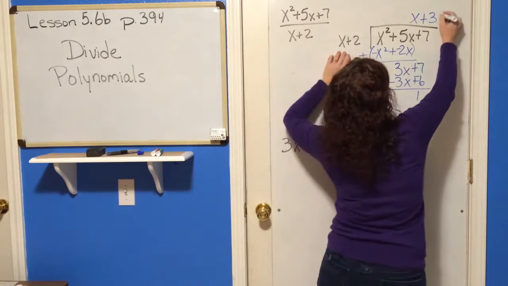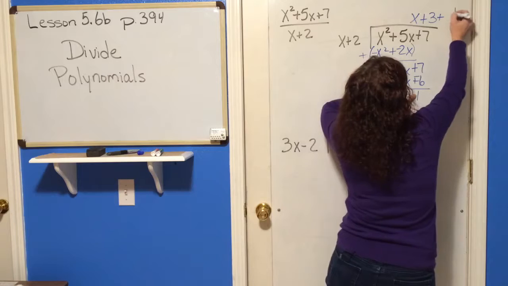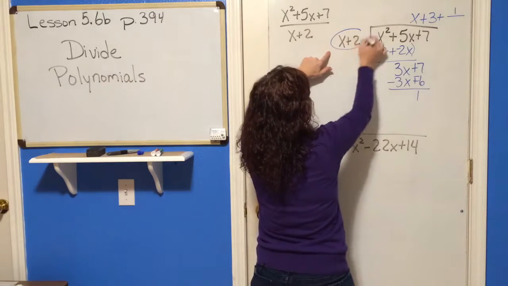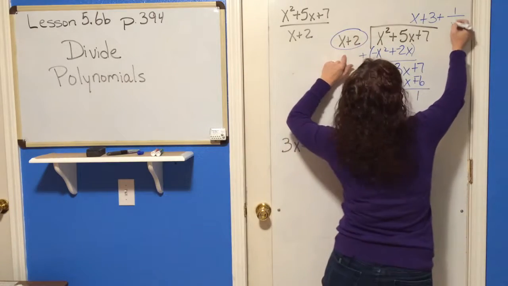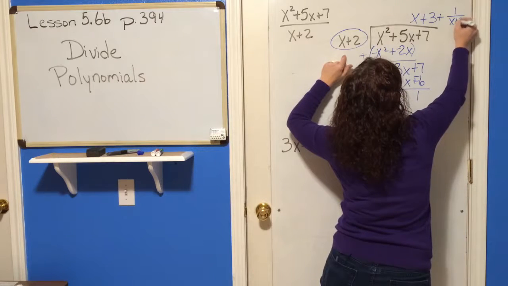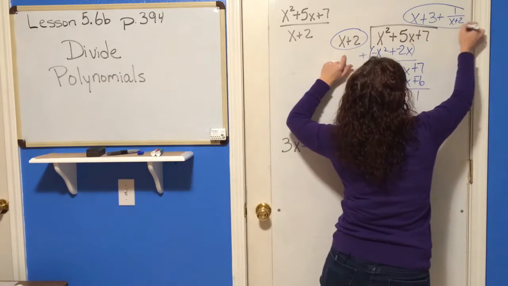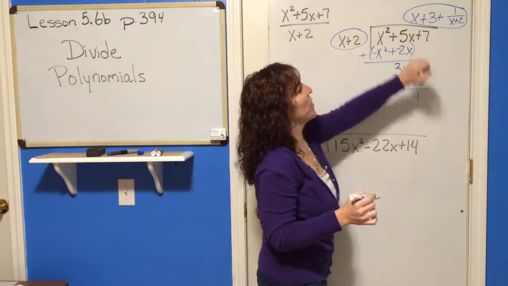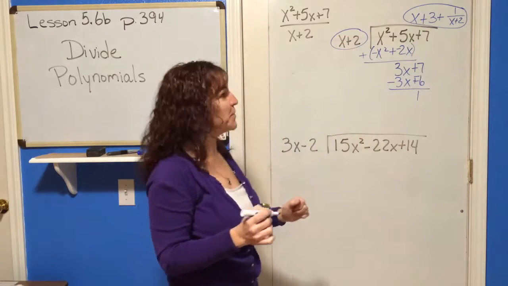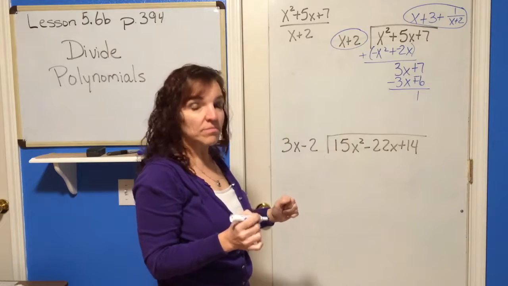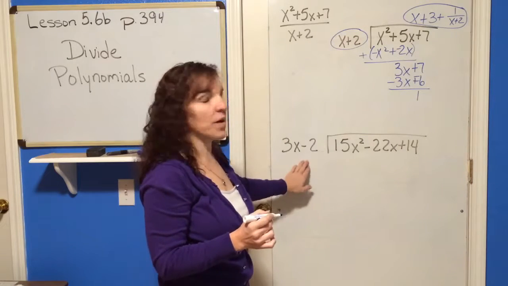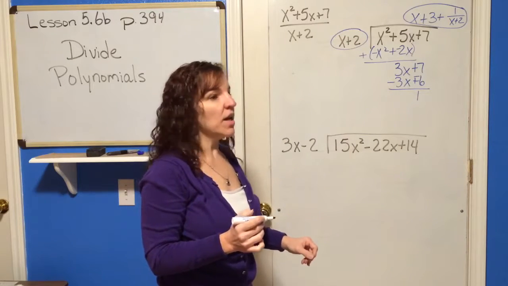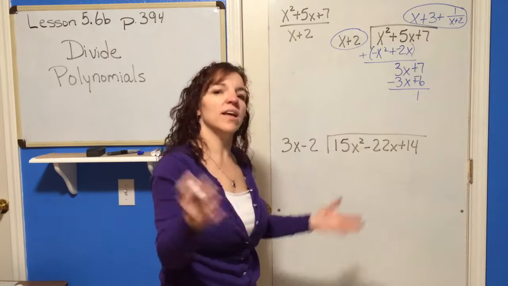So we're going to have plus, this 1 that's left is going to go over your divisor. So 1 over x plus 2. And this is your final answer. So if you were to take this times this, you would end up with x squared plus 5x plus 7. All right? If you're brave and think you got it, go ahead and try this one and then come back to me. If you think, I'm not quite there yet, then follow along.